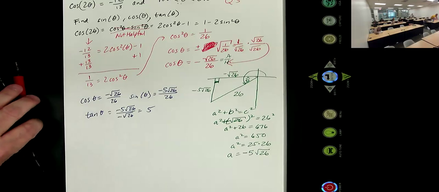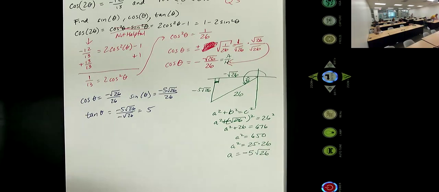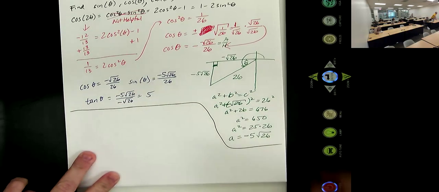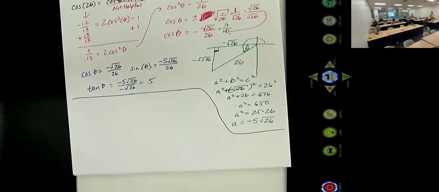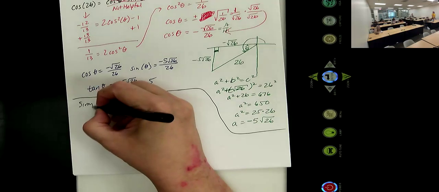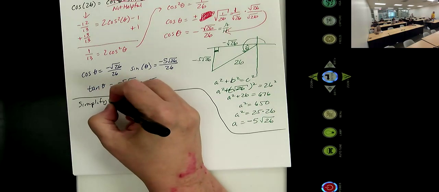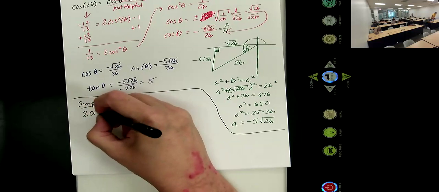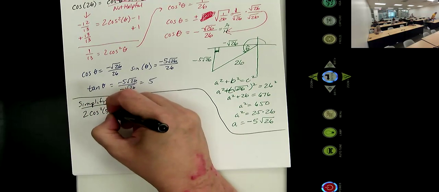Alright, wait for that. I got you, this problem's not that big. Let's simplify. We're gonna have 2 cosine squared 5x minus 1.